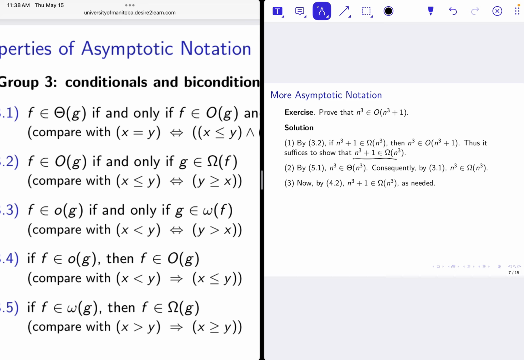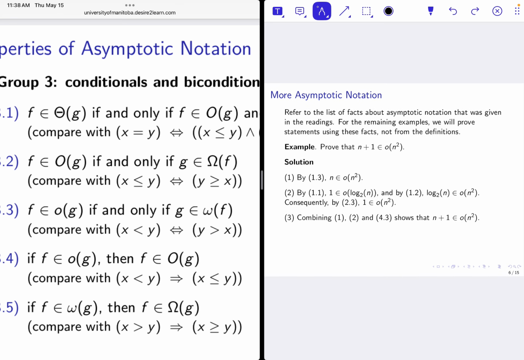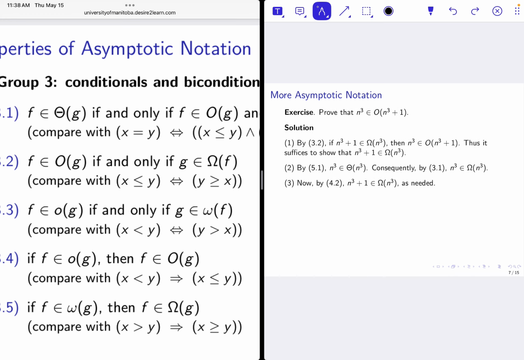If and only if n cubed is in big O of n cubed plus 1. So we sort of flipped it around. Now we have a thing with two terms on this side and a thing with one term inside of the asymptotic notation, which makes this look basically identical to the thing we just proved.